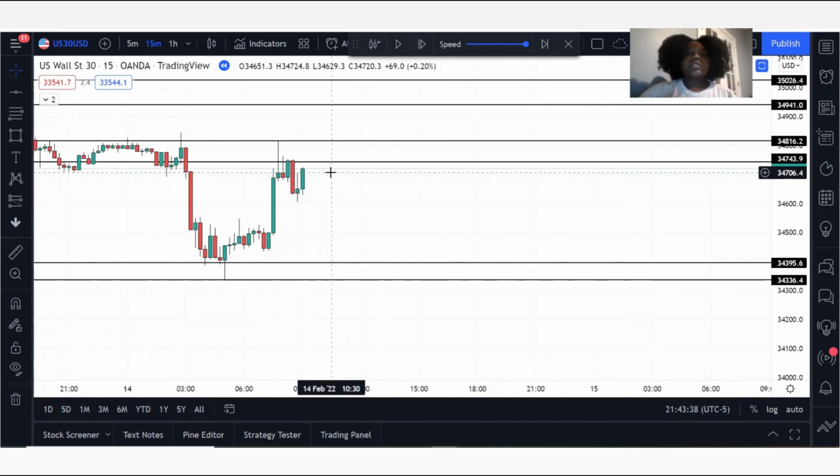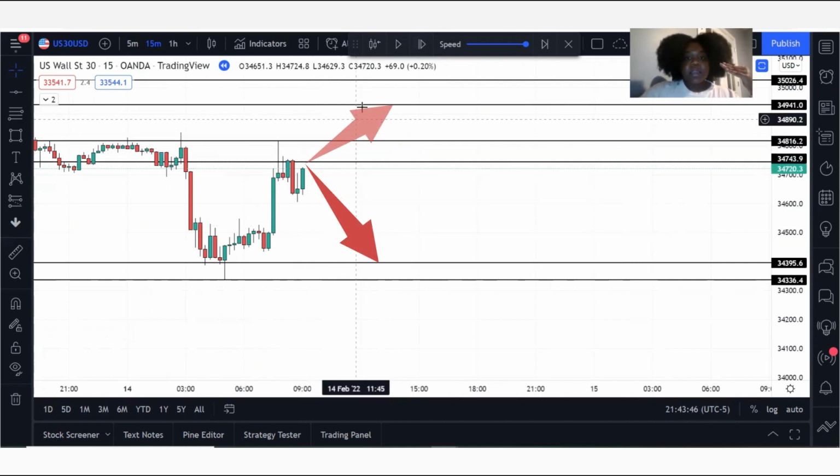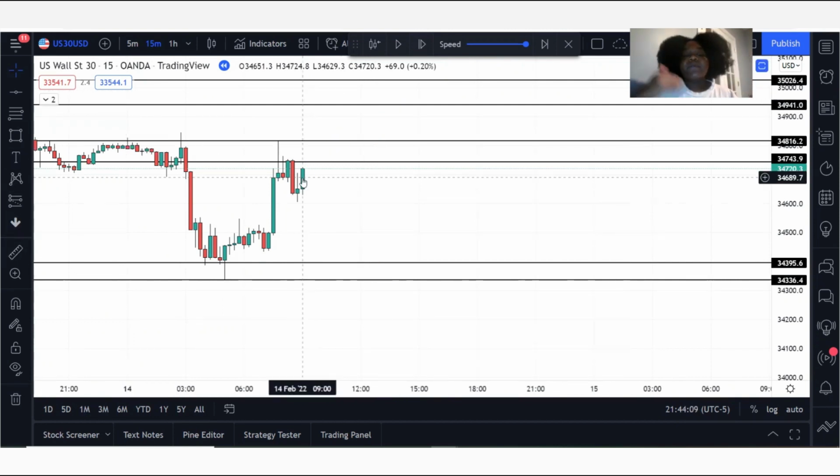What I want to see happen is either we come back down or we break our ceiling and go up. If I want to see a break in the ceiling, I want a very bullish candle that breaks my ceiling, with most of the body of the candle up out of this zone.